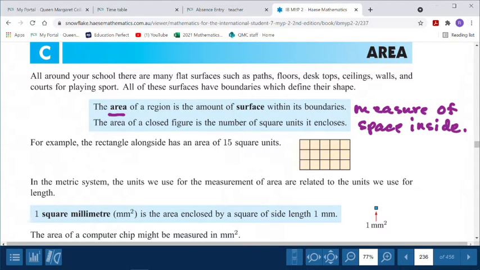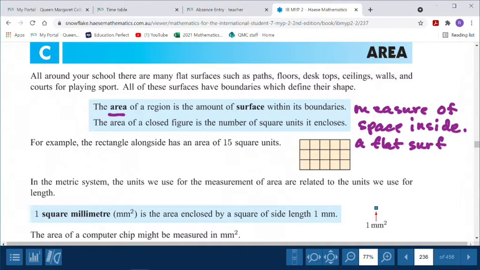Now, that's a little bit of a cheat because we're talking about flat surfaces. We're not talking about the air in the room. We're talking about the measurement of the floor or the measurement of the wall. So we're talking about the area of the space inside of a flat surface.